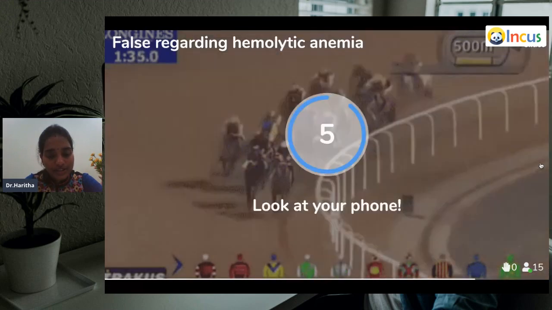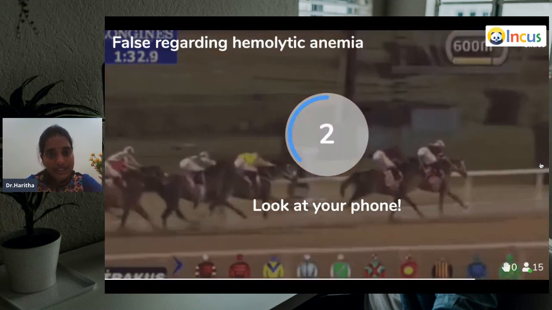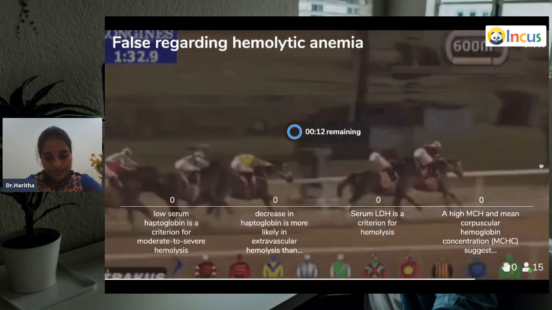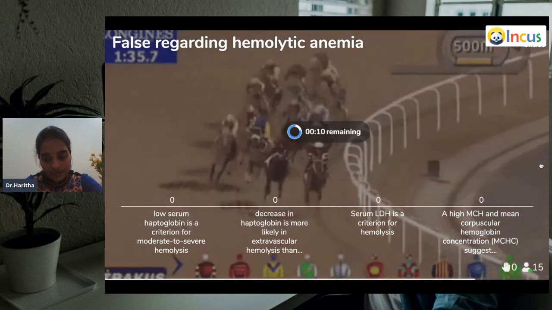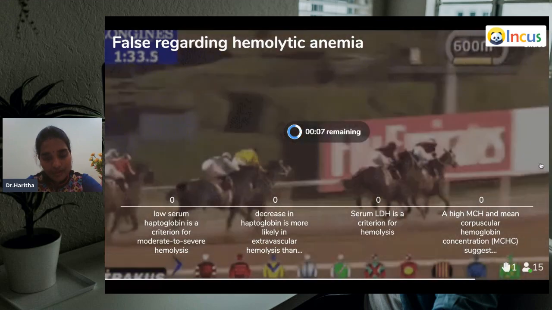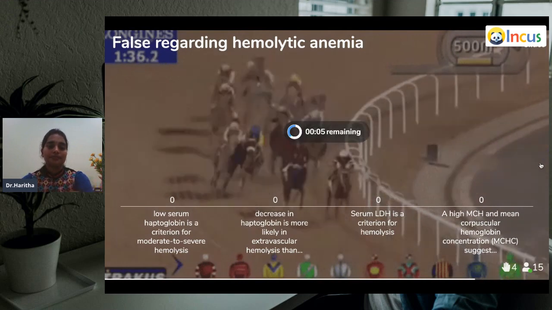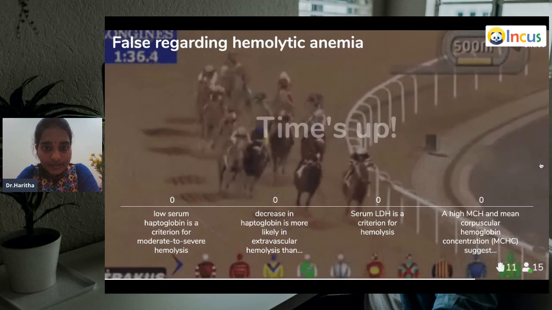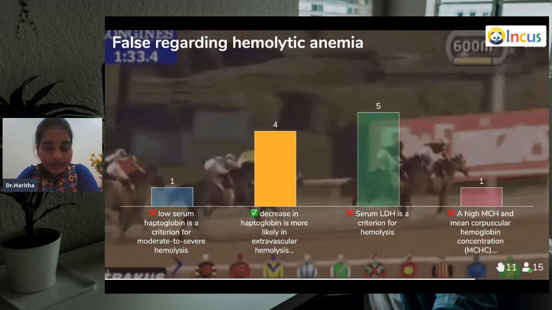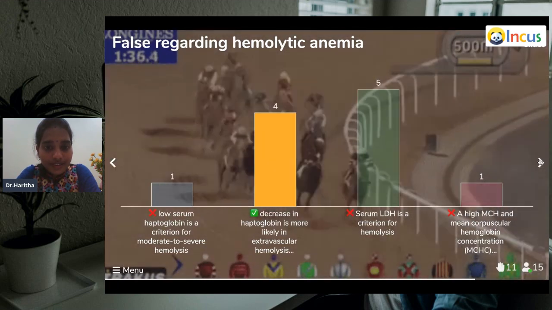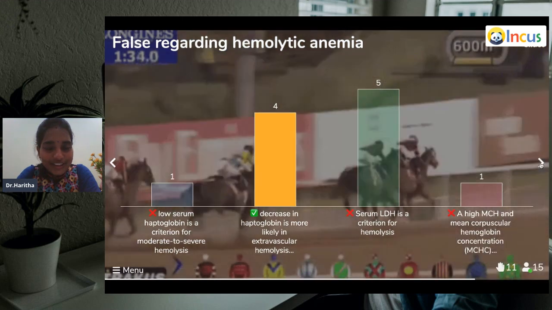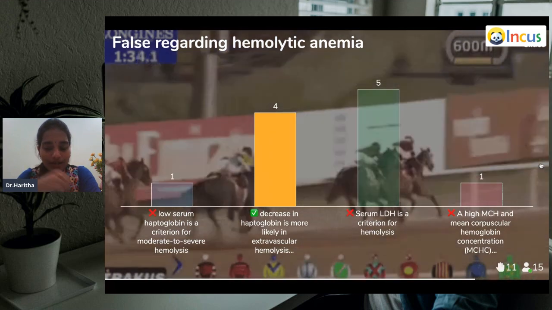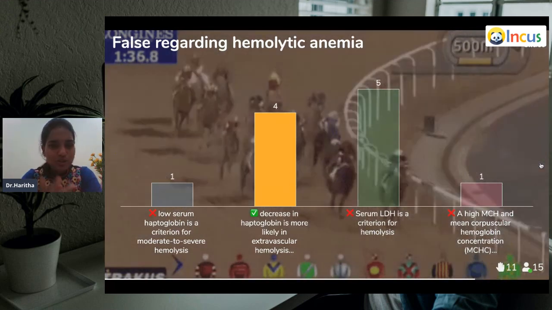Okay, next question. Hemolytic anemias. What is false about hemolytic anemia? Time is up. Four wrote correctly, which is B. Now hemolytic anemia, what is haptoglobin?